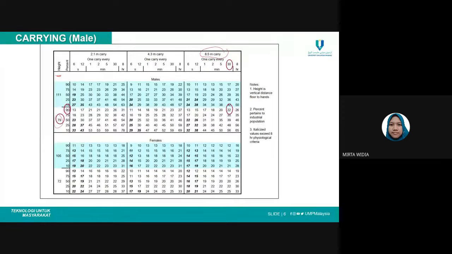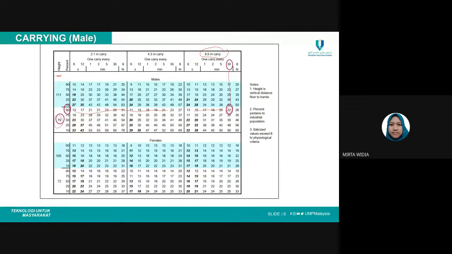If there were 60 we would take it, but there is not, because the next is 8 hours, and the gap between 45 minutes and 8 hours is too far, so the nearest one is 30. So we draw the line here. The recommended maximum acceptable weight limit is about 22 kilograms.